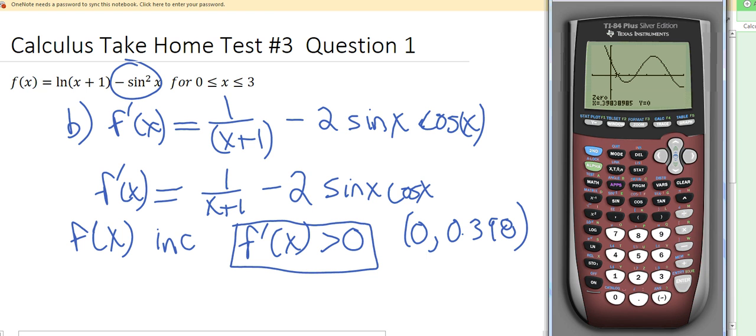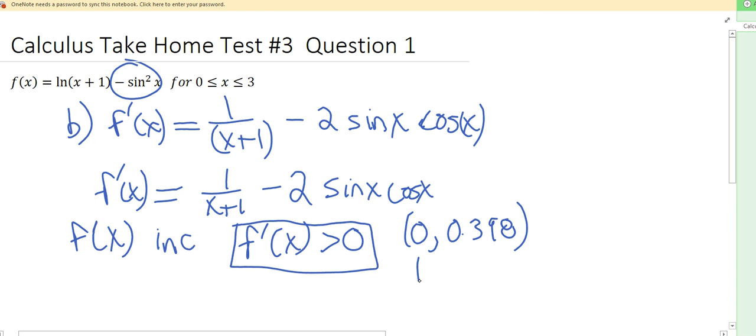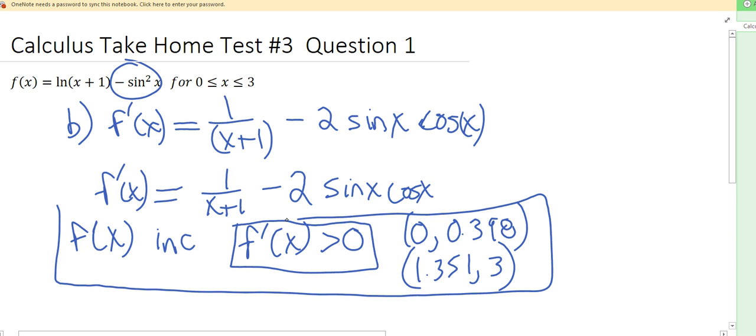So it's the rest of the graph. So I can do that. And also on the interval 1.351 until you get to 3. And that's an open interval, not including the endpoints. And it's increasing there, and you can say that it's because the derivative is greater than 0. It's increasing on those intervals.